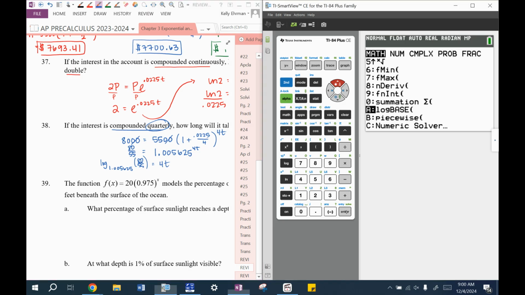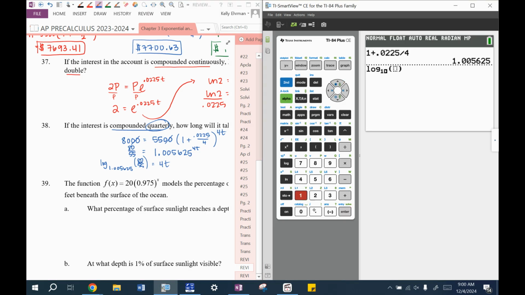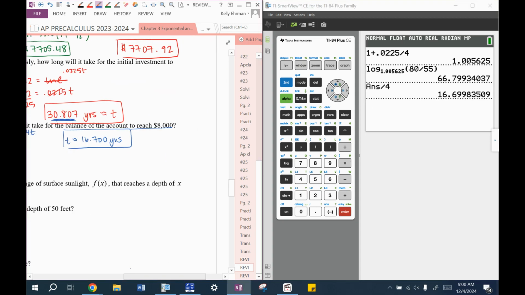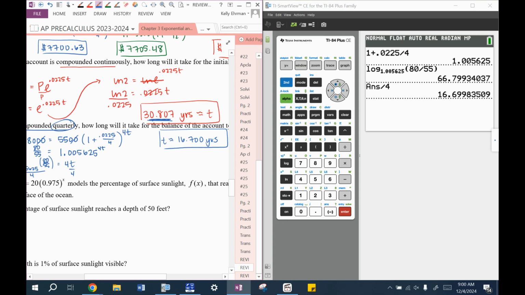So choose log base and type in that number, again not rounded, and then 80 over 55. I didn't bother typing that in because if it doesn't simplify nicely, then I don't care what it is. Then 4t is equal to this, so we're going to divide by 4. And I get the same answer, right? Same thing.